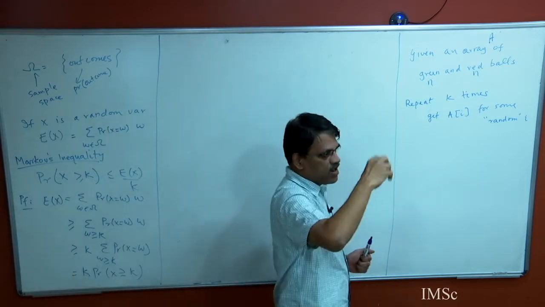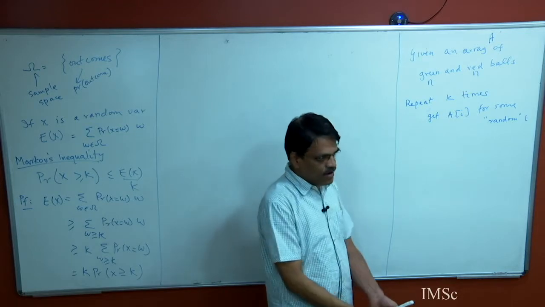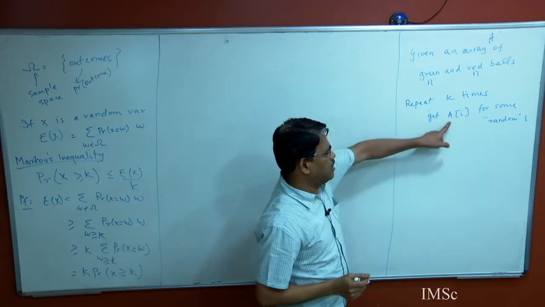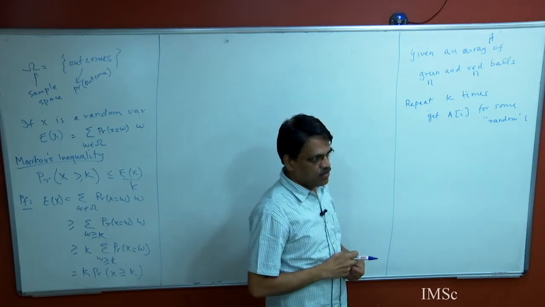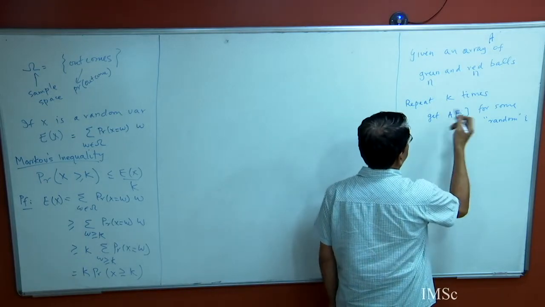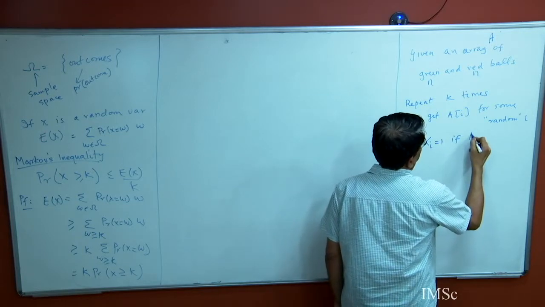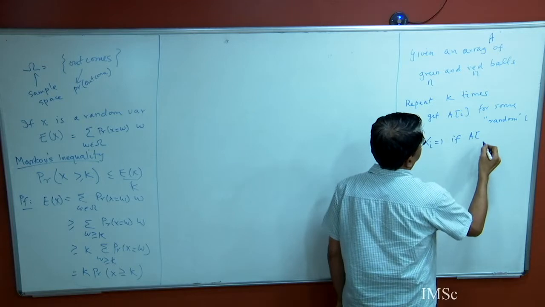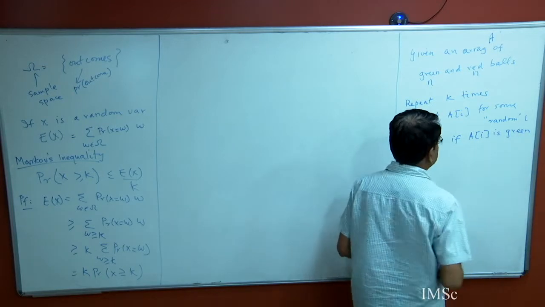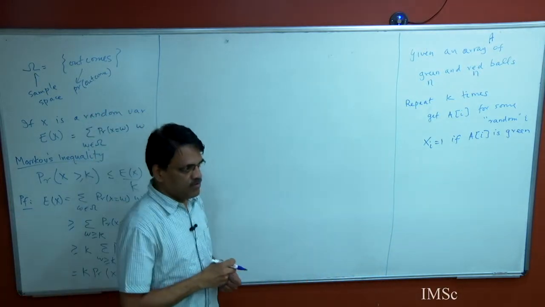Okay, somewhere, some of them are green, some of them are red. So what I do is pick a random number and go to that location and get the color of that ball. And I repeat this. So x_i is 1 if a_i is green, let's say. So if I find a green ball, it's a success for me. Otherwise, it's a failure. Okay.